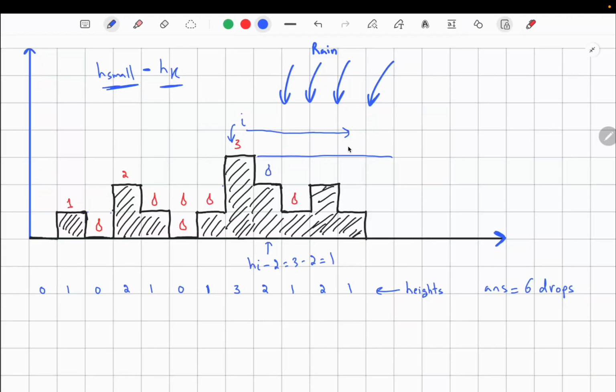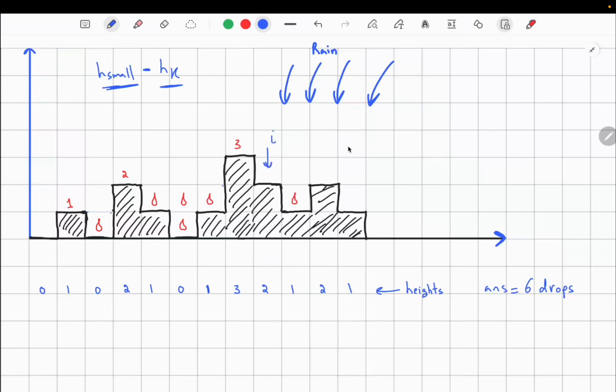So this formula now gives us a wrong answer. It tells us that we can trap 1 drop of water here. But if we look at the diagram, this drop of water has nothing to support it from this side, so it will spill outside. So this formula will not work for this column. What we should do is stop and advance I by 1 to see if we can find another bar that has a support to its right.